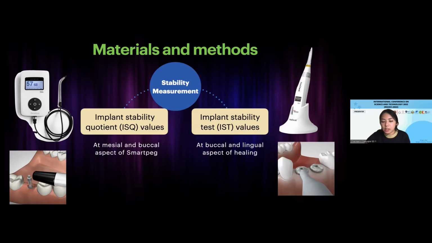This device needs to maintain a contact angle between 0 and 30 degrees downward relative to ground level. The measurement was performed at the buccal and lingual aspects of the healing abutment. The ISQ and IST measurements were performed 3 times separately on each side.